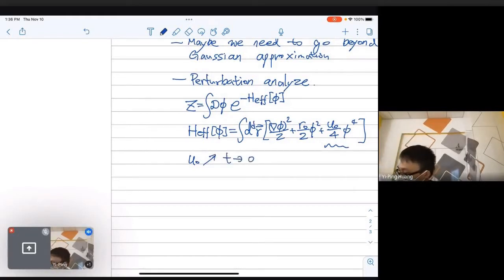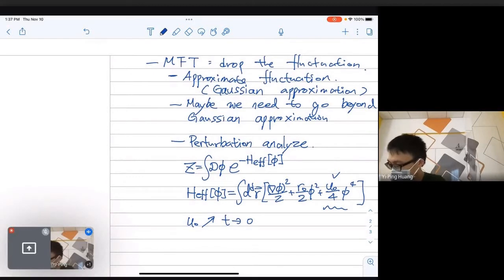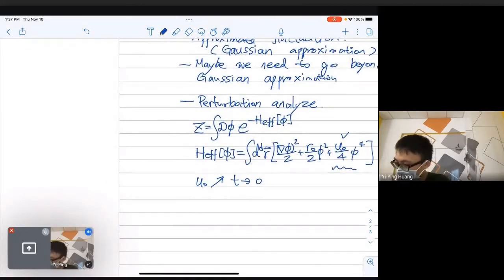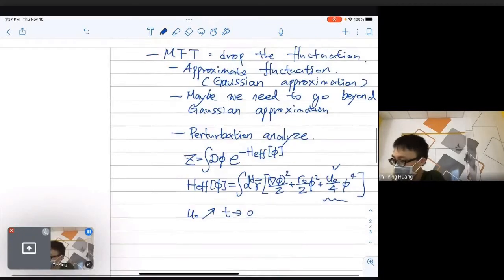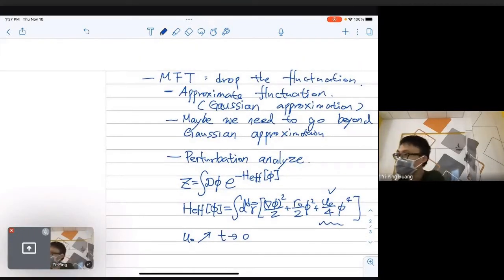That means that no matter what perturbation series you generate by considering u naught as a small parameter, eventually every term diverges when t approaches 0. So naive perturbation theory is not going to help us understand what critical phenomena really are. That's why we need to develop what we call the renormalization group theory.